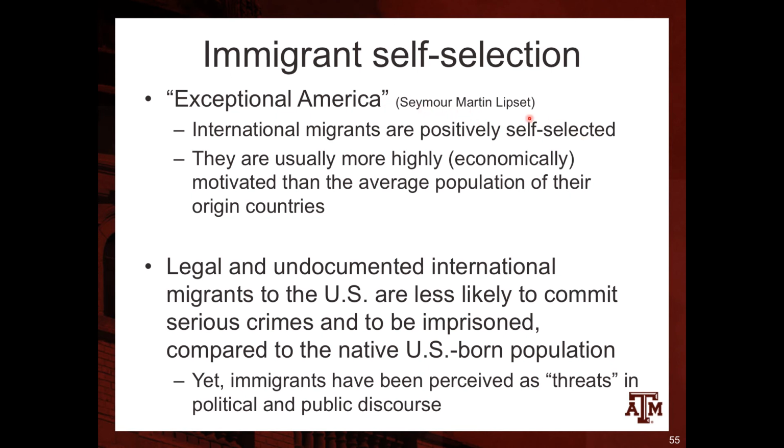The author here mentioned that most immigrants coming to the US are usually more highly motivated than the average population in their origin countries. And we are talking about highly motivated in economic terms.